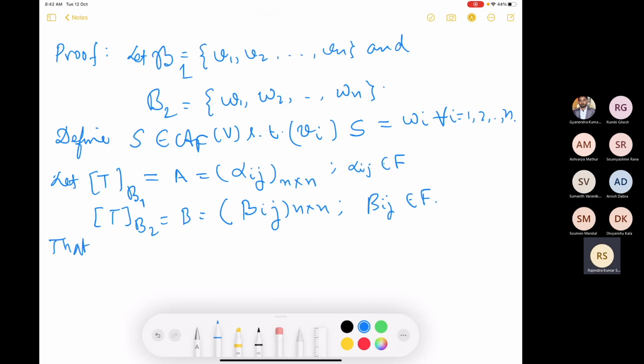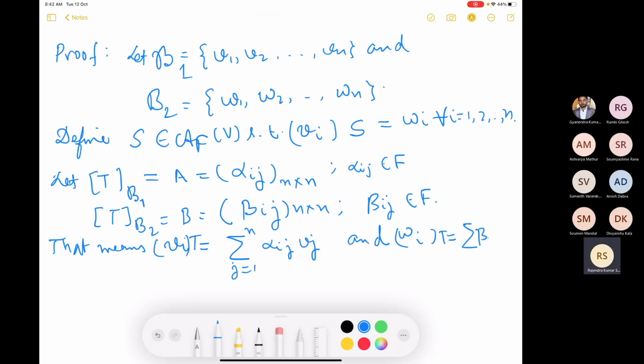Each ViT is a linear combination of the Vj with coefficients alpha ij, j equal to 1 to n. And WiT is the sum of beta ij Wj, j equal to 1 to n. You can change the index also if you want.